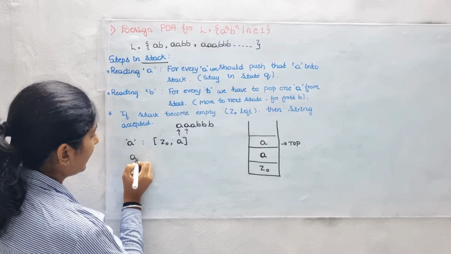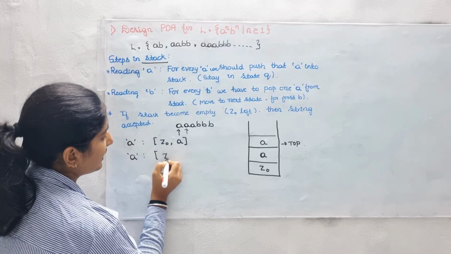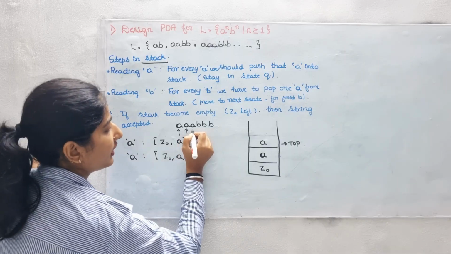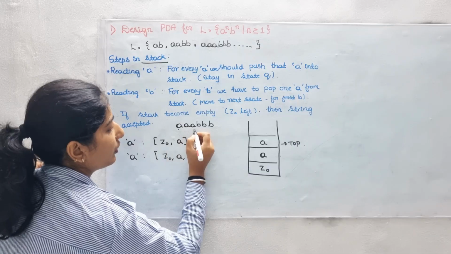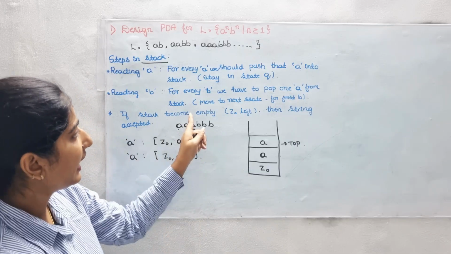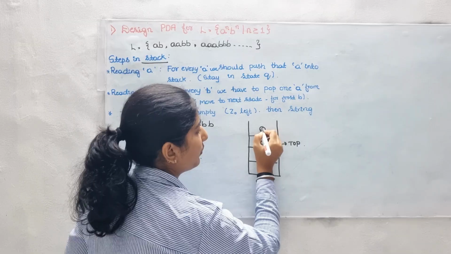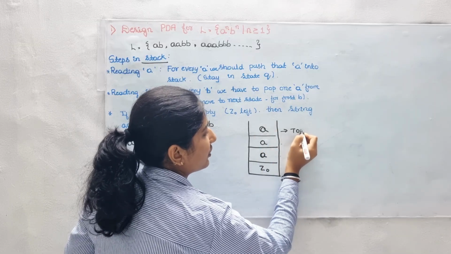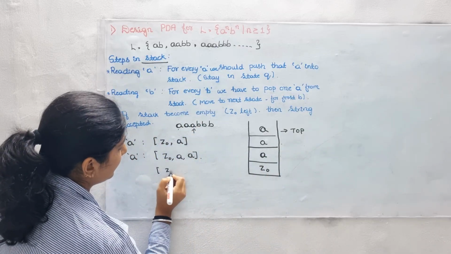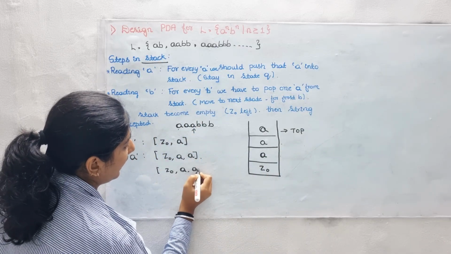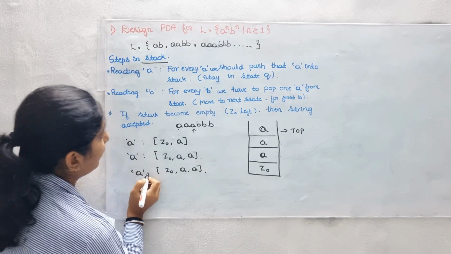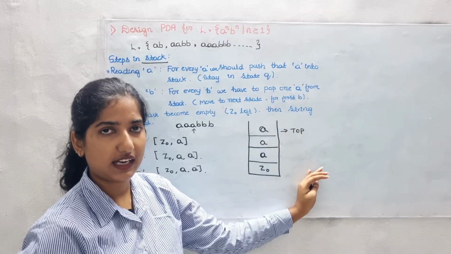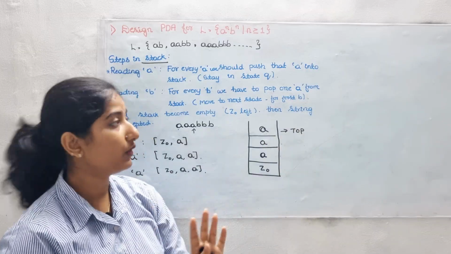So for the second a, it will be Z0 a a, and then the pointer will move to the third a, again a. So we have to push that a into the stack, and the top pointer will change. So it will be Z0 a a a, right? So we stay in the state q0 only. We need not change the state. We have to remain in that state only.